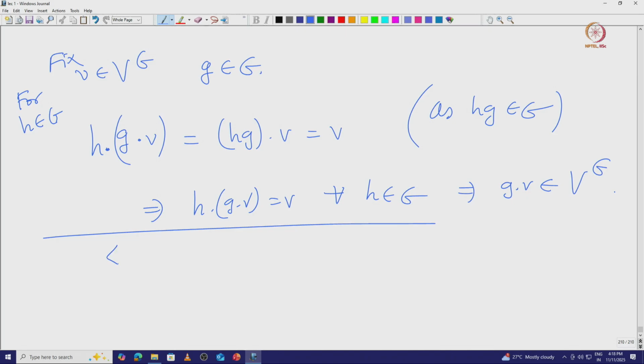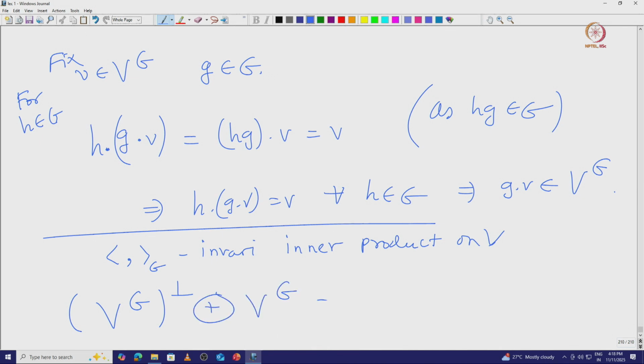So, if we fix that G invariant inner product on this capital V, we can talk about the orthogonal complement of this Vg. In particular, like in the standard representation of Sn, any representation V can be decomposed into Vg direct sum Vg perp.